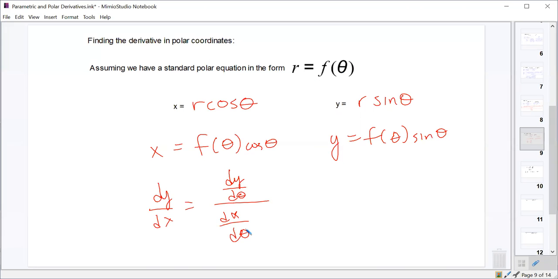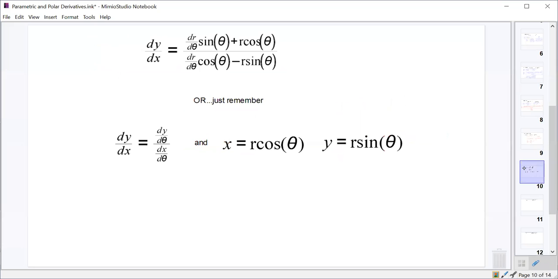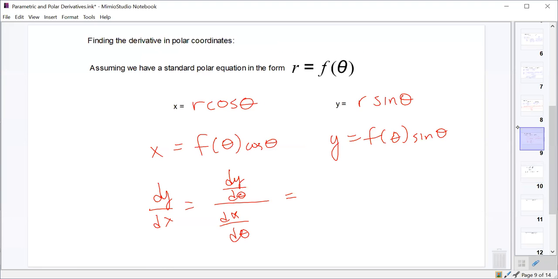And if you wanted to actually figure out what each of those was, it should be the derivative of y with respect to theta, which is the derivative of this f of theta part, which is dr d theta sine theta plus r cosine theta in the numerator. And in the denominator, it should be dr d theta cosine theta, using the product rule, and then minus r sine theta.